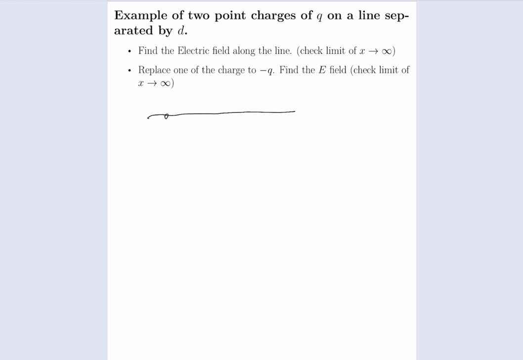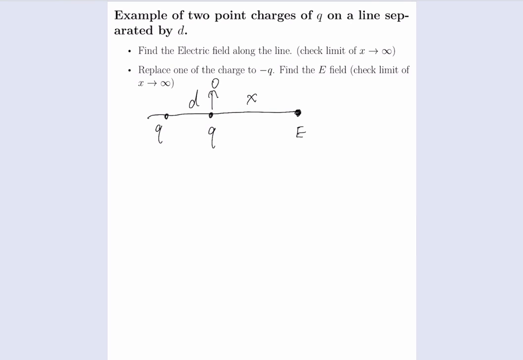Two charges, one is of charge Q, another is also of charge Q. And the simplest problem is on a straight line, and they are separated by a distance D. Say that we are interested in finding out what's the force and what's the corresponding electric field at this location where there is a separation of x. And say that this is defined as the origin 0.